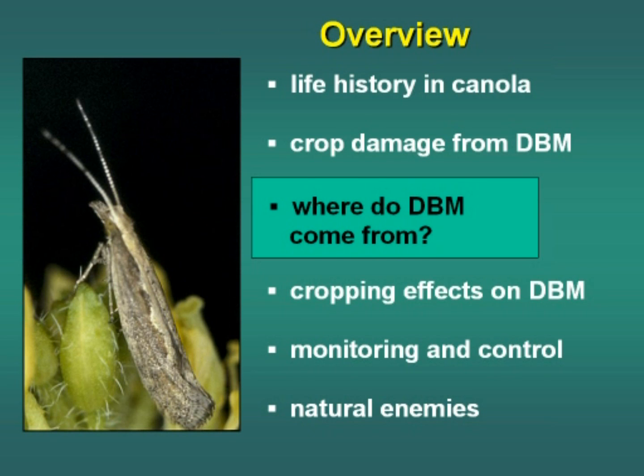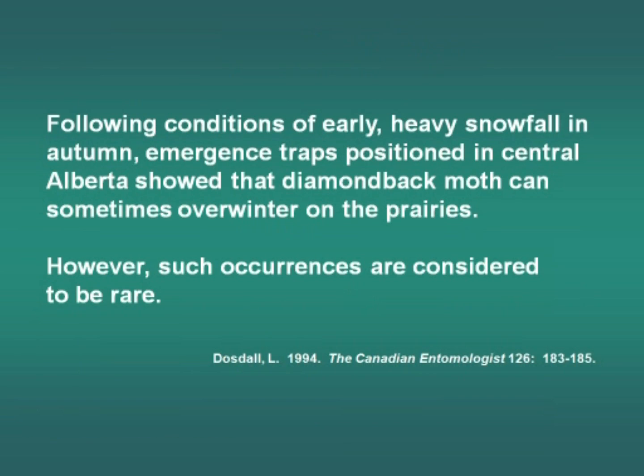Where did diamondback moth come from? We have found evidence that diamondback moth can overwinter in the prairies. I did, for instance, in the early 90s, have some emergence traps that were on soil at Vegreville, Alberta. The traps were placed out extremely early in the season before frost had gone out of the ground.